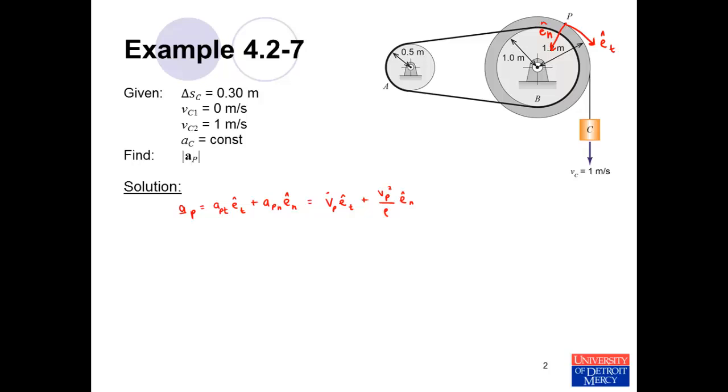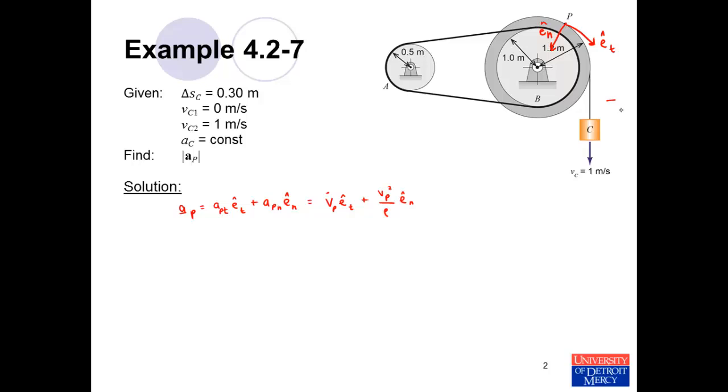So we're not given very much information about point P directly. Most of the information we're given about mass C. However, the fact that mass C is connected by a rope that is wrapped around the drum and unwinds from the drum without slipping means that the motion of P is related to the motion of C.